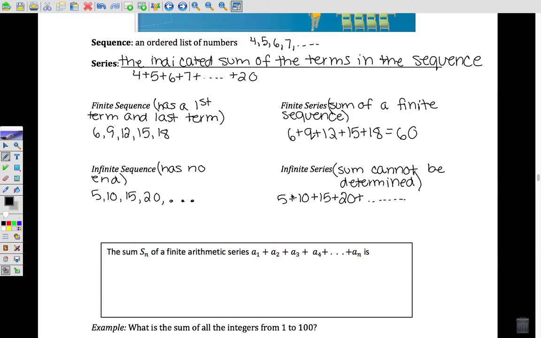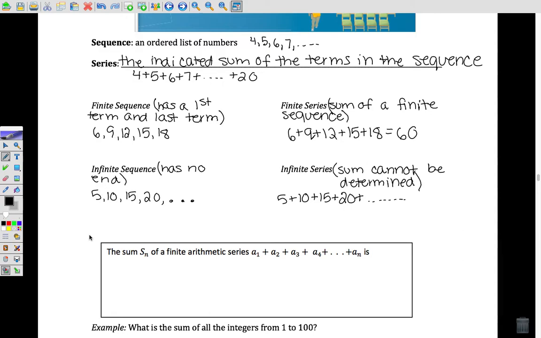So we cannot figure out what this sum is, an infinite arithmetic series. But we can determine what a finite series, what that sum is going to be using this formula.